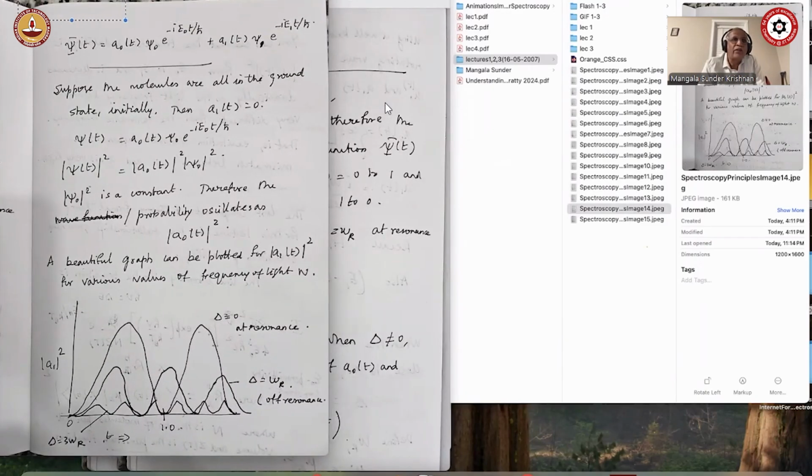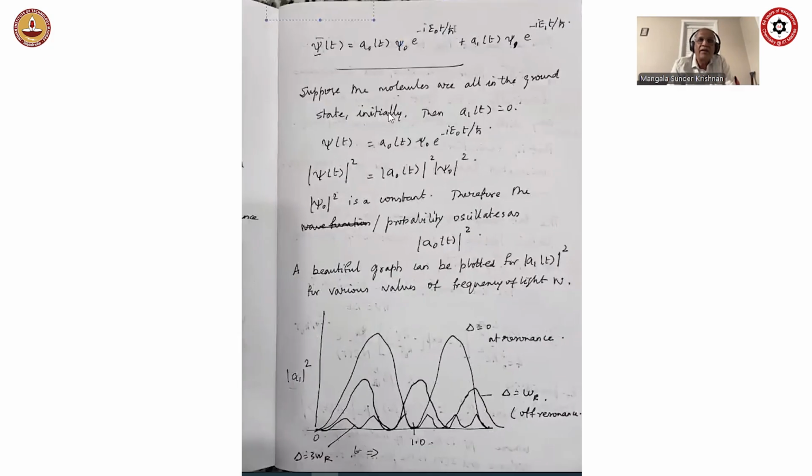So if you look at the wave function that we proposed, A0 times psi naught plus A1 times psi 1, A0 square gives you the probability that the system is in the lower energy state, and A1 square is the probability that the system is in the higher energy state. And now you can see the ratio psi of t square, if you look at it, is A0 square. It's a constant.